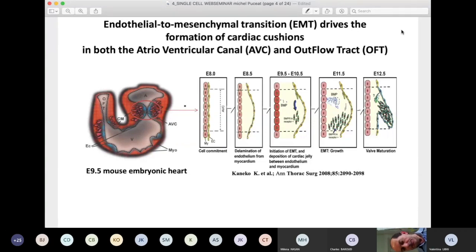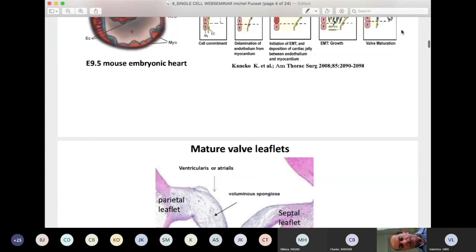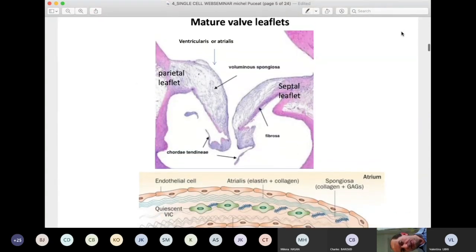So after EMT, after invasion of these cells to form the cushion, we have formation of the leaflet. Depending on the valve, there are 2 or 3 leaflets.